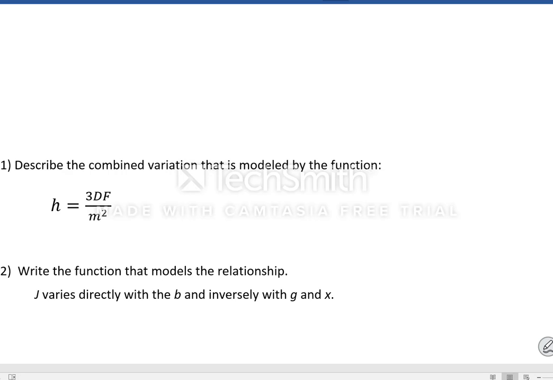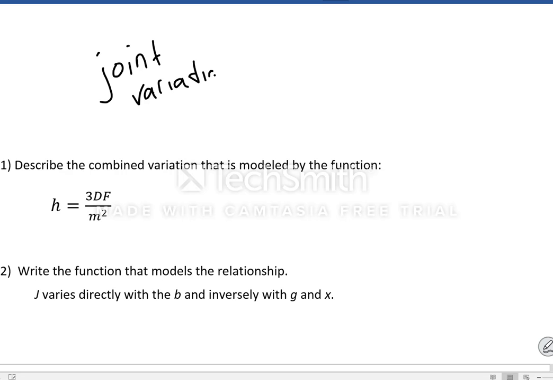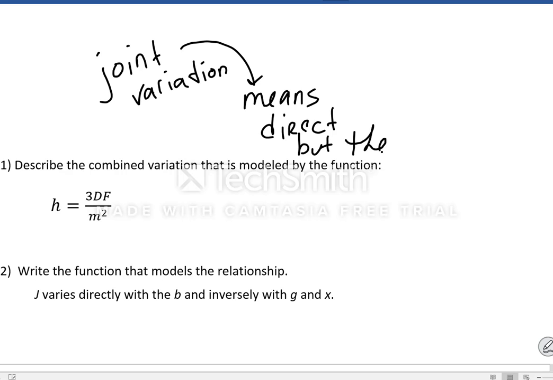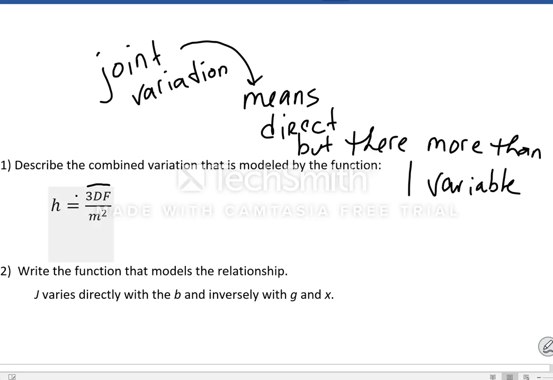Joint variation is another type of variation that basically means the same as direct, but there are more than one variable. So on this particular problem, if I look at it, the D and the F there, there's more than one term. There's two of them. There's D and the F.